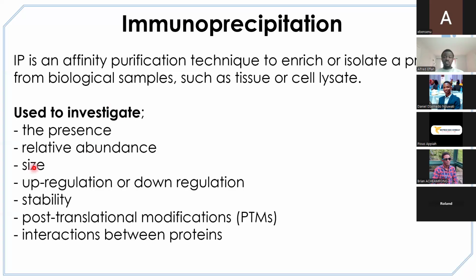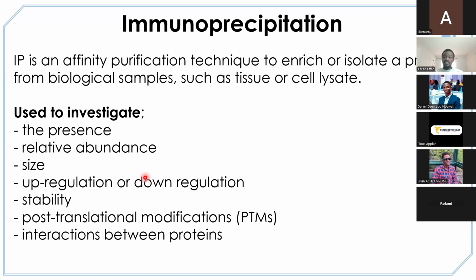Now, when we also want to know the size, if you are interested in a particular protein and you want to determine the exact molecular weight, you can use immunoprecipitation. Now, upregulation and downregulation. Assuming that you have a drug that you think might have an effect on the expression of, let's say, protein A, prior to administering this drug, you measure the level of the protein.